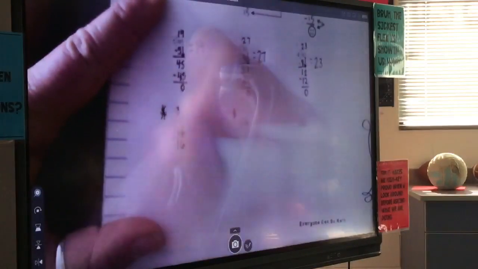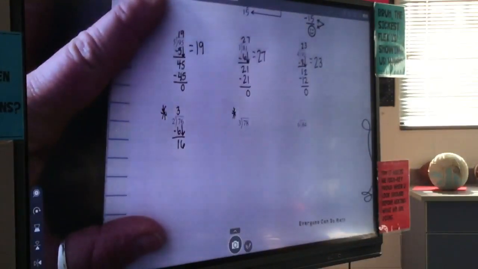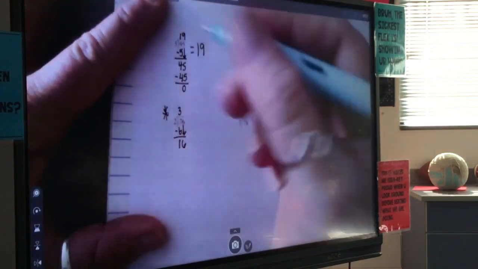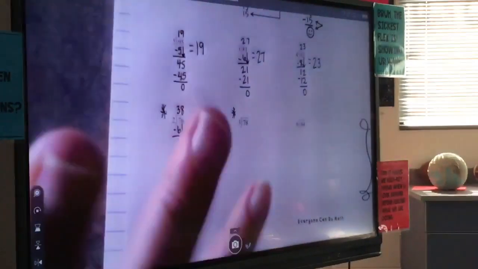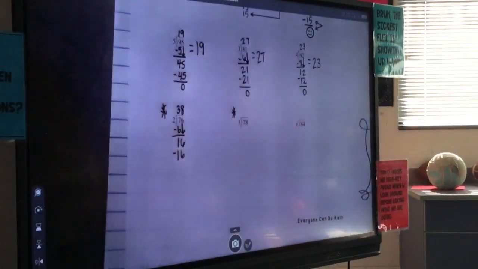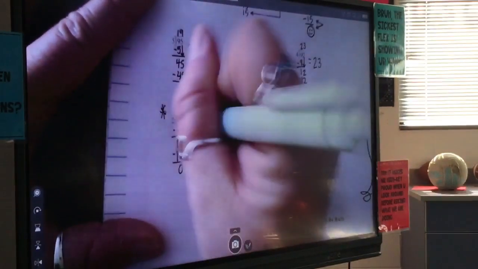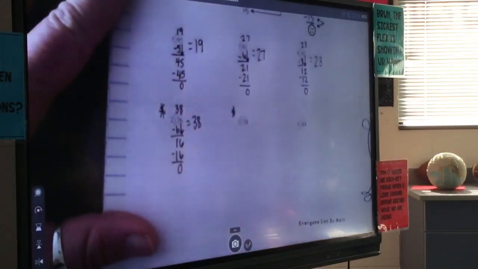All right. And 16 divided by 2 is 8. And then you subtract 16 from 16, you get 0. All right. So our answer for this one should be 38. We get that?